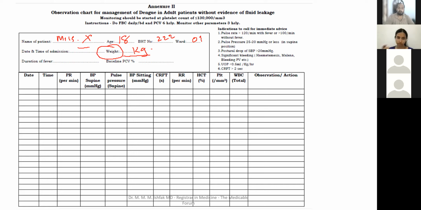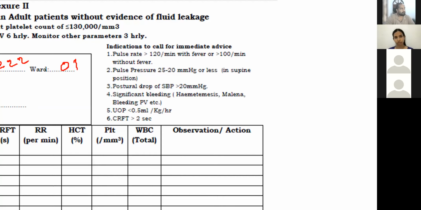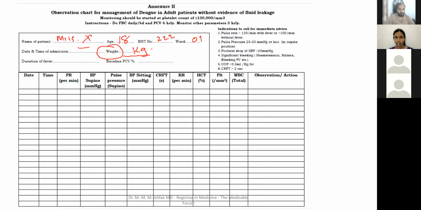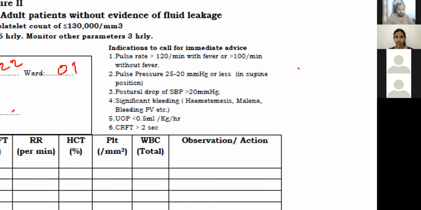It is very important to fill the weight because according to the weight only you prescribe the fluids.